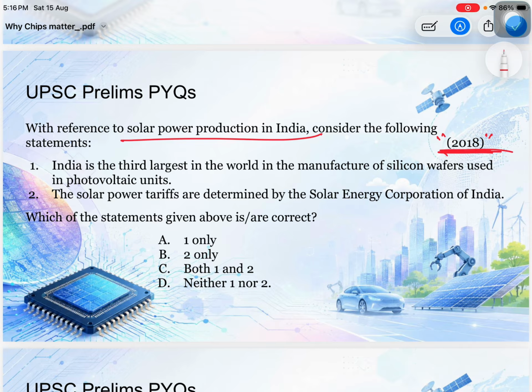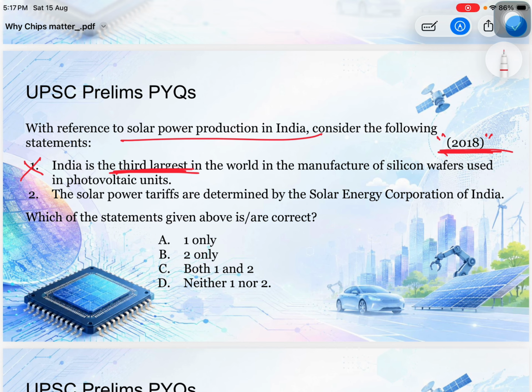Consider the following statements. India is the third largest in the world in manufacture of silicon wafers used in photovoltaic units. So we just discussed India is at present not even in the top 10 nations, definitely in the top 15, but not among the leading nations. So we were definitely not the third largest in the world, that too in 2018. So this statement is wrong.